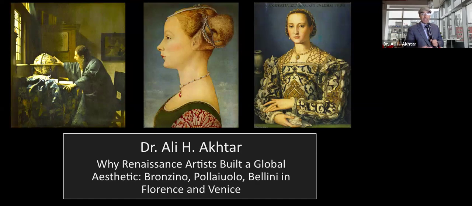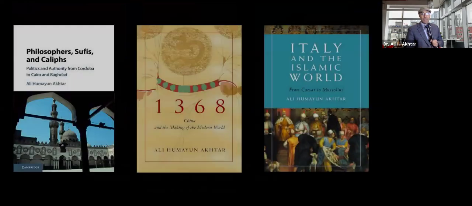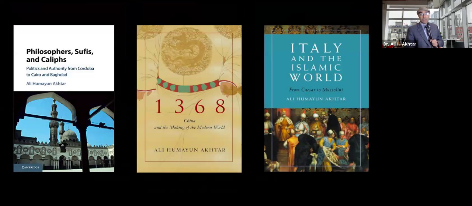And so let's start with a bit about my books. This is coming out of my latest book on the right, Italy and the Islamic World from Caesar to Mussolini. My second book in the middle was titled 1368, China and the Making of the Modern World, published by Stanford. And my first book was titled Philosophers, Sufis and Caliphs.